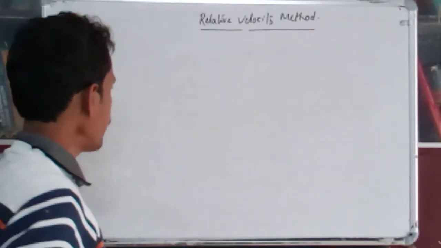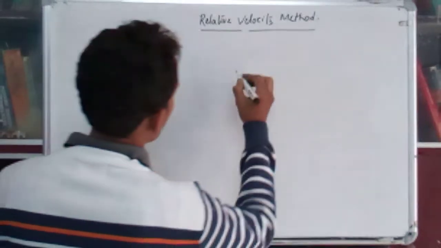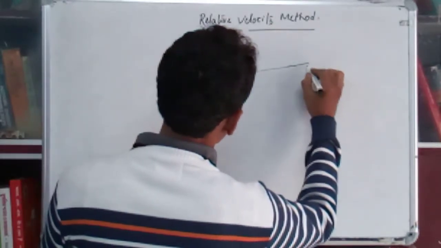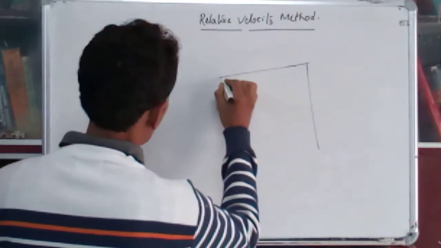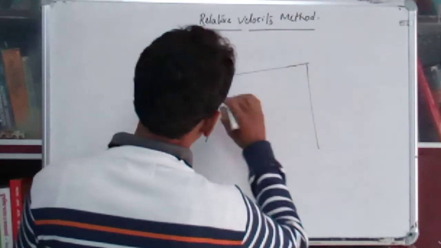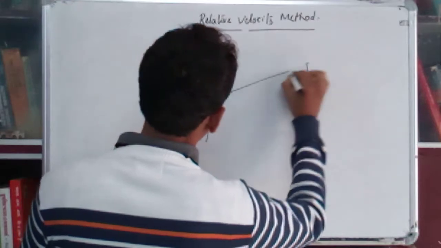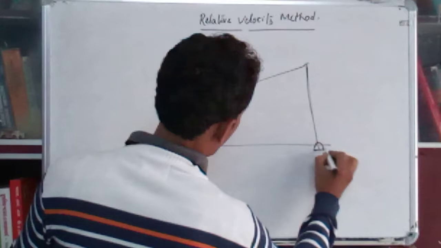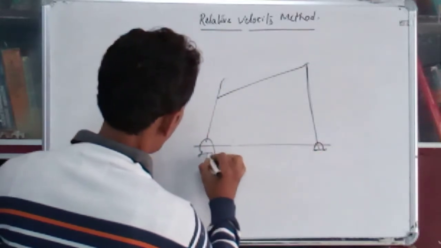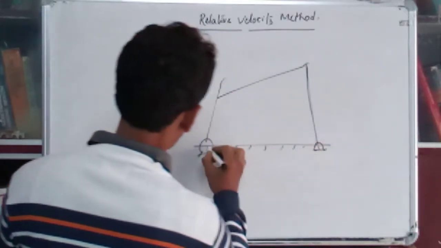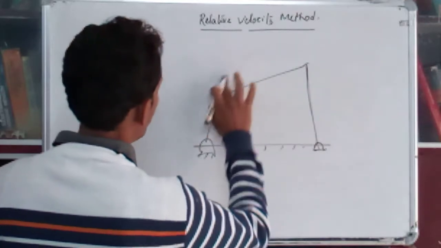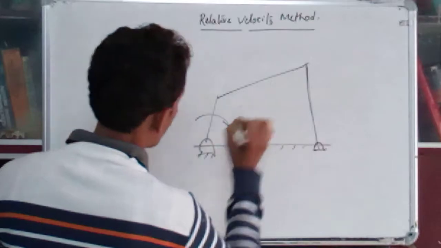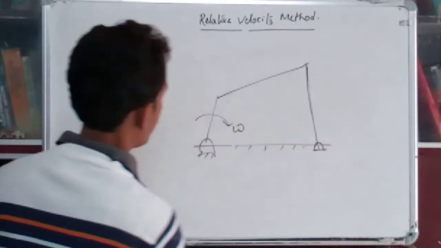Now you consider a 4-bar mechanism. There is link number 1, 2, 3 and 4. That is the crank, and it is rotating with some angular velocity.